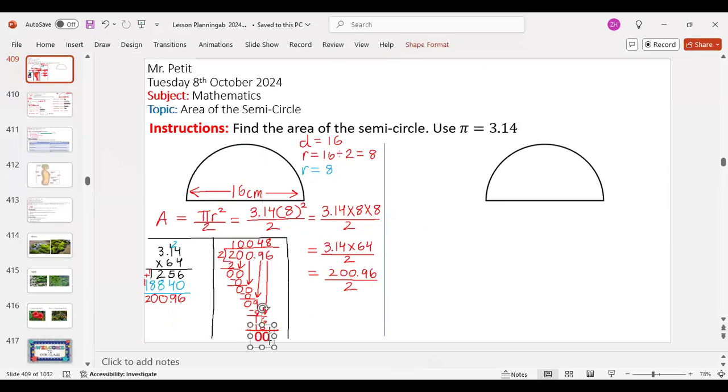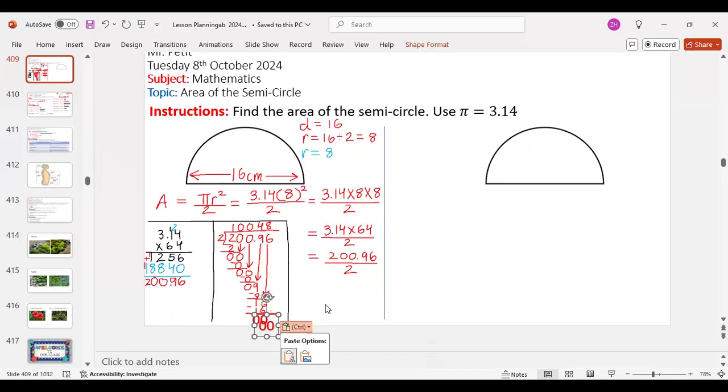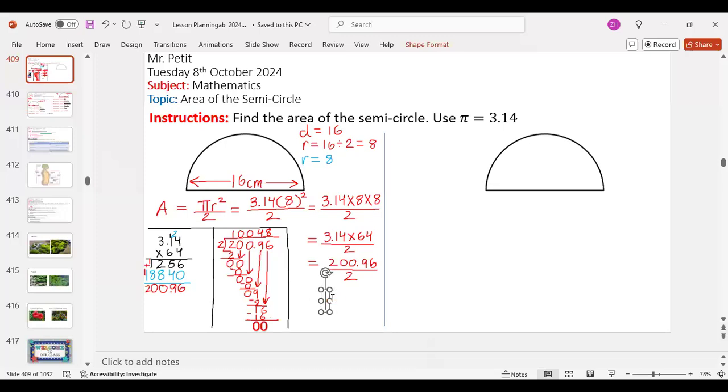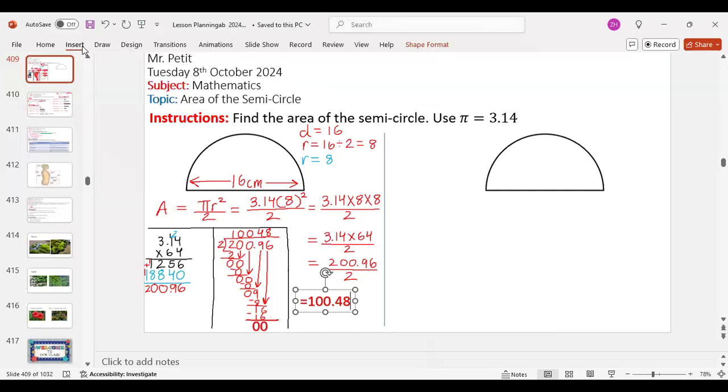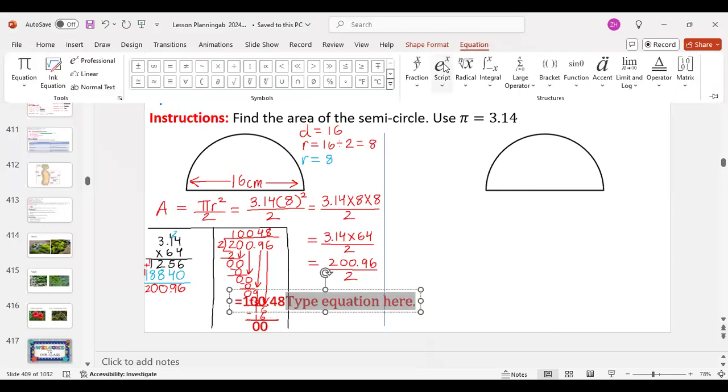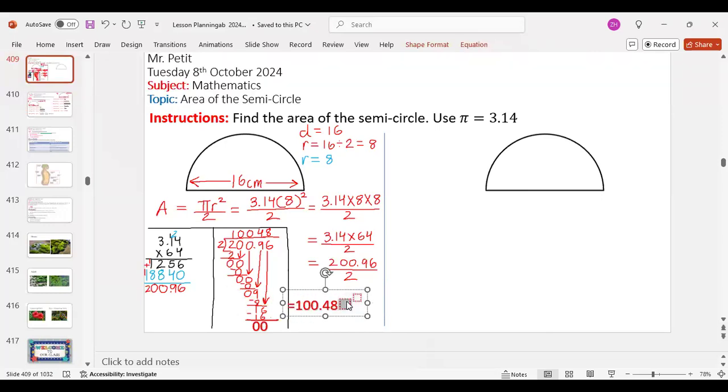And so our answer is what? 100.48 centimeters squared.